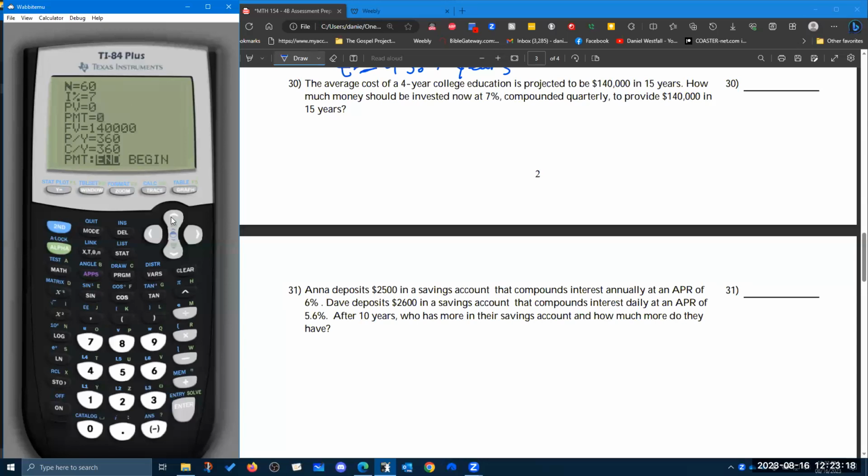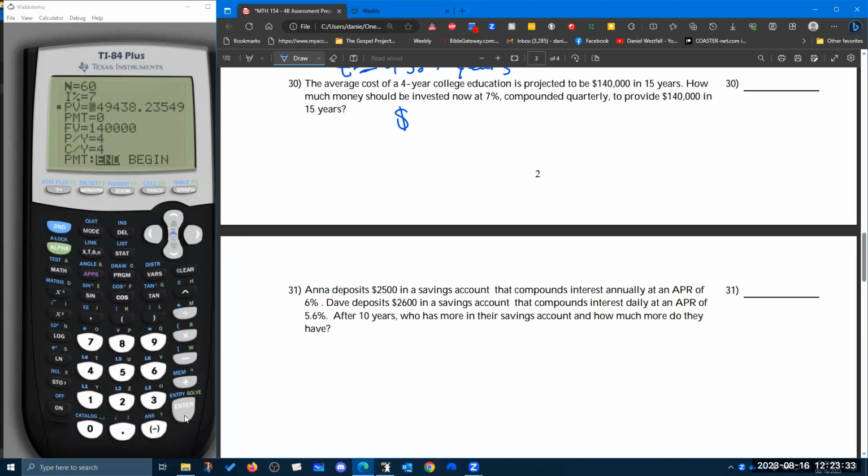We're solving for that. We need to put in $49,438.24, because again, we have to round up. We need more than this to have that total amount of money.